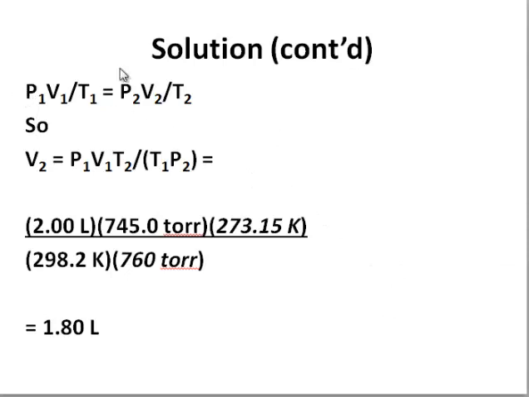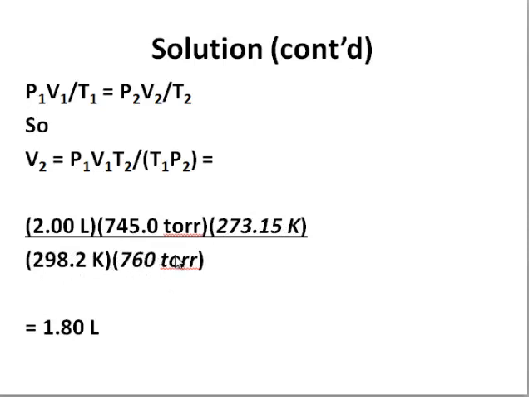If we rearrange the combined gas law equation algebraically, V2 is P1 times V1 times T2 over T1 times P2, or 2 liters times 745 times 273.15, divided by 298.2 Kelvin and 760 torr.